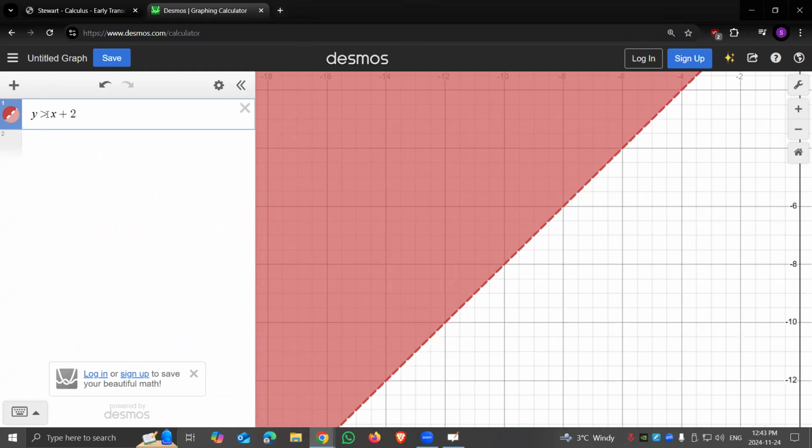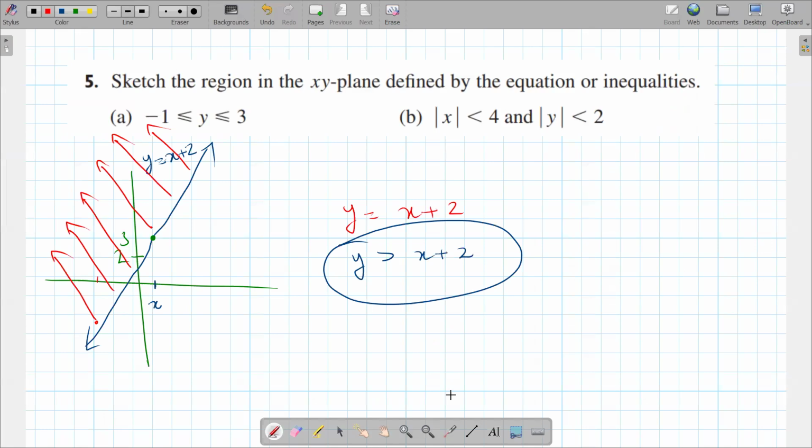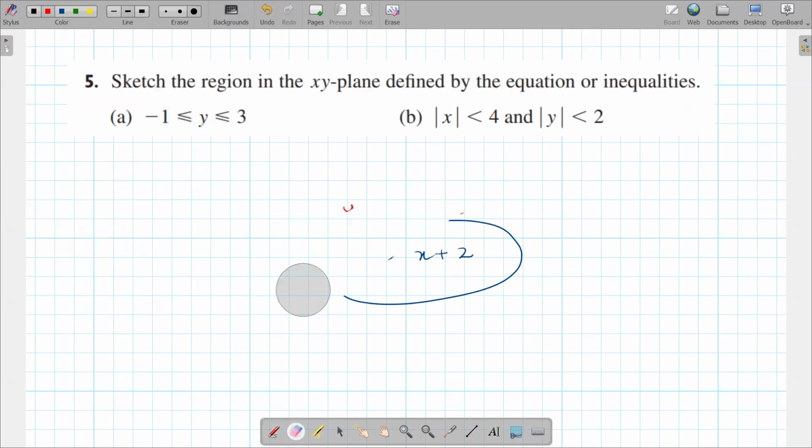You see the inequality is an open circle, just strictly greater than. That's why it's a dashed line. However, if you make it greater than or equal to, then the dashed line now becomes a solid line. So when you're graphing inequalities, it's either going to be a dashed line or a solid line, depending on whether it's inclusive or exclusive. So using this logic, let's try doing part A.